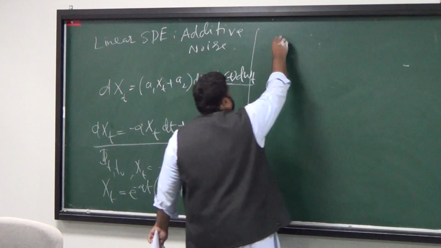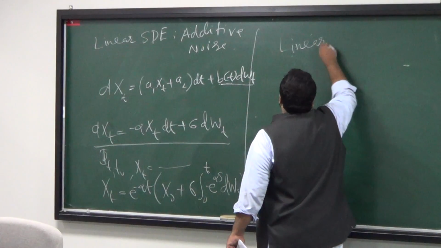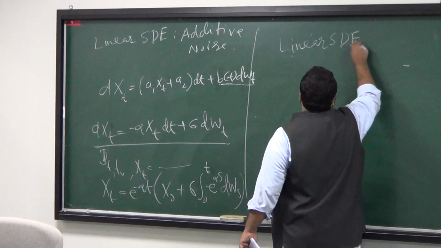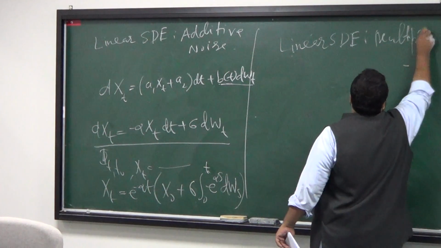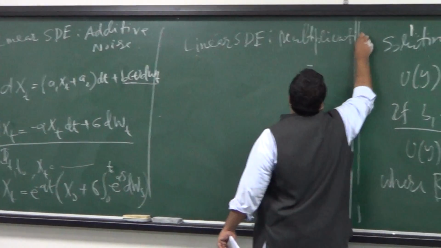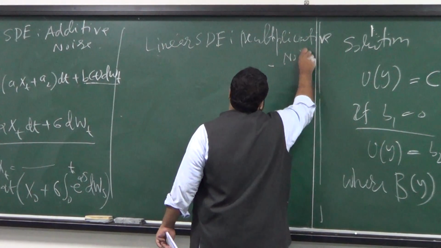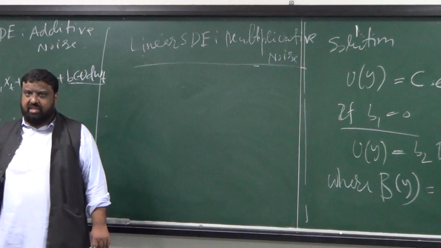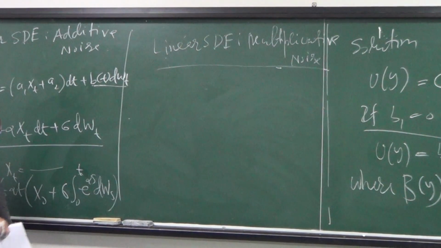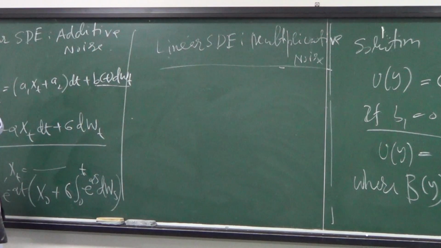Then what would be the meaning of a linear SDE with multiplicative noise? The problems with multiplicative noise are more complicated. At the moment, I'm just considering the computational dynamics of it.